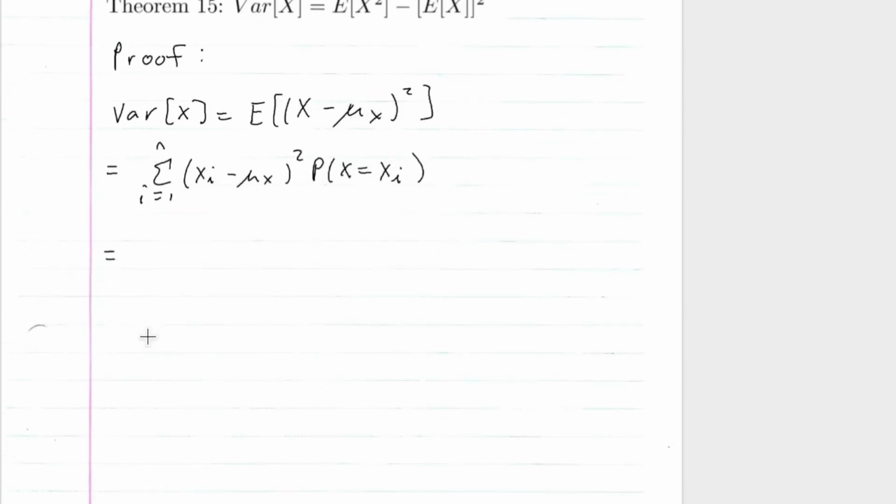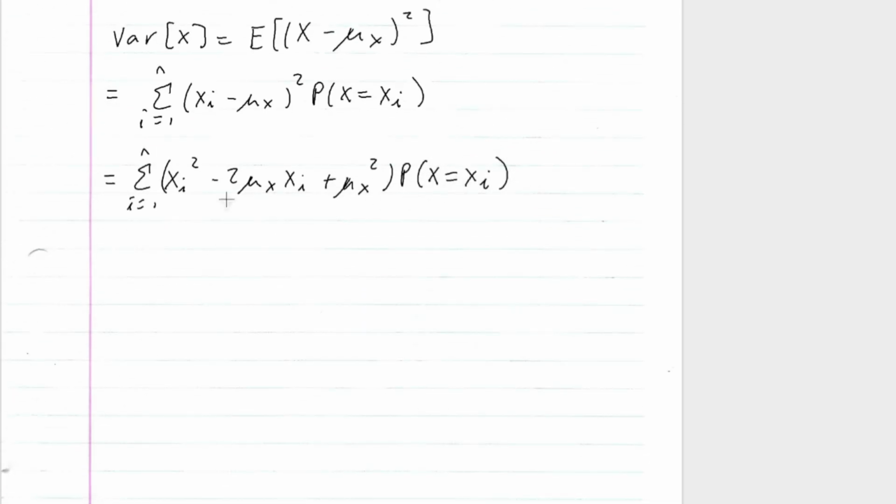Now, if we distribute this, this will be the sum from 1 to n of (X_i squared minus 2 mu of X times X_i plus mu of X squared), and all of that is times the probability that X is equal to X_i.